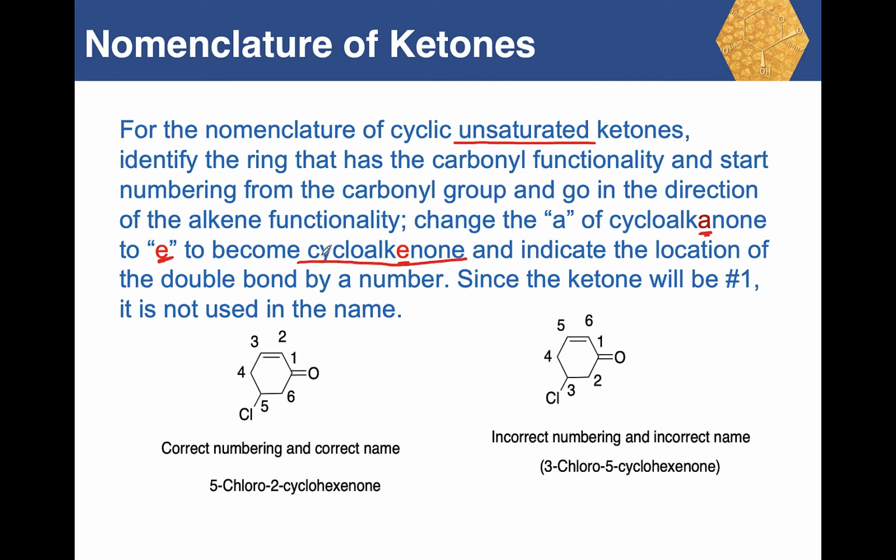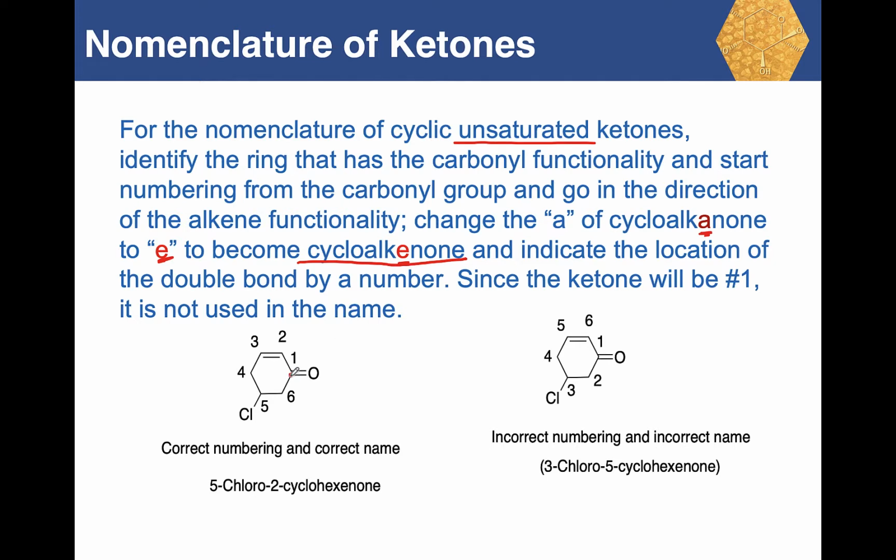Don't forget the cyclo because it's a ring. So let's see how we can apply that. So here's an example. Recognize this to be the carbonyl or the carbon-oxygen double bond. And this carbon gets number 1 because we're naming it as a ketone. So it has to have the priority. So it gets number 1.